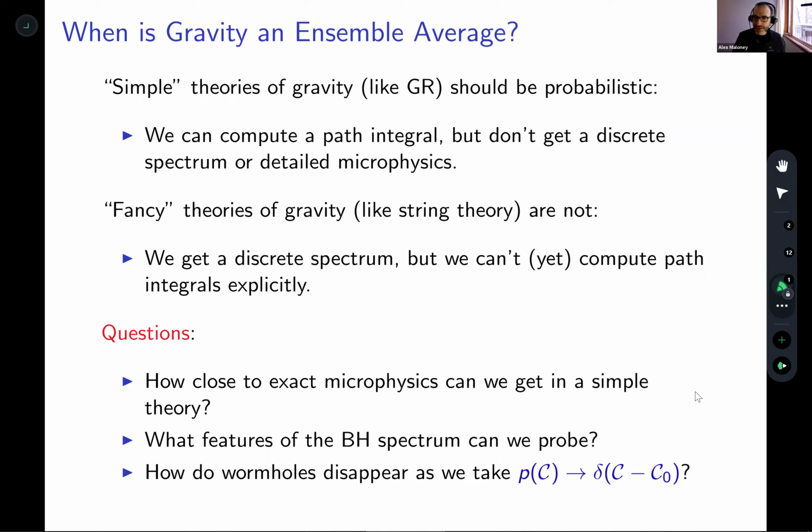Here, I mean theories of gravity like general relativity that are probabilistic. And the characteristic feature of such, quote unquote, simple theories of gravity is that they are simple enough that we can study them using Euclidean gravity path integrals.